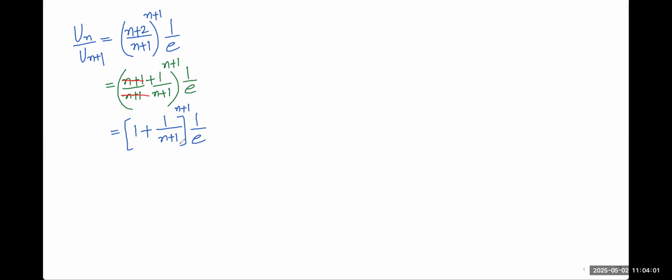I'm taking log on both sides. Log of un by un plus 1 is equal to log of 1 plus 1 by n plus 1 raised to the power of n plus 1 into 1 by e.